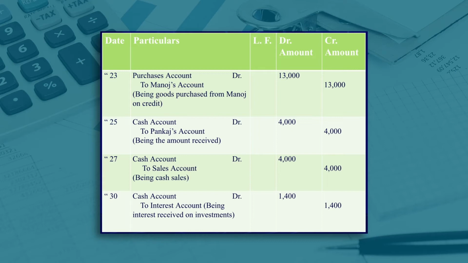So here the journal entry would be purchases account debit to Manoj 13,000 rupees. We can see, purchases account debit to Manoj account 13,000 rupees.